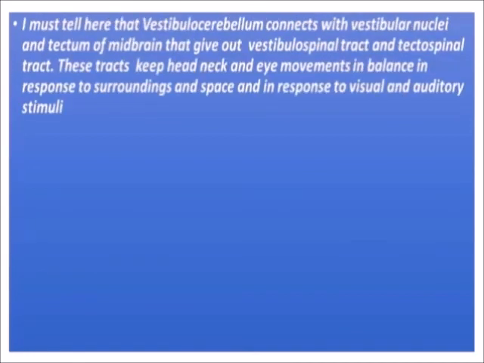I must tell here that the vestibulocerebellum connects with vestibular nuclei and tectum of the midbrain that give out the vestibulospinal tract and tectospinal tract. These tracts keep head and neck and eye movements in balance, in response to surroundings and in response to space and in response to visual and auditory stimuli.